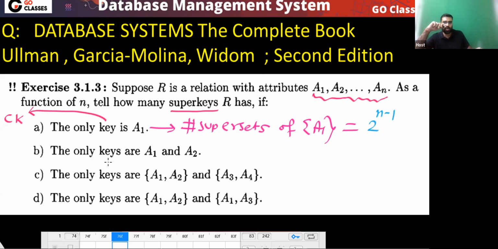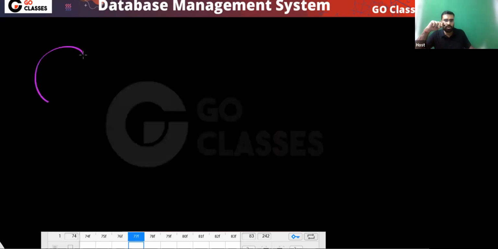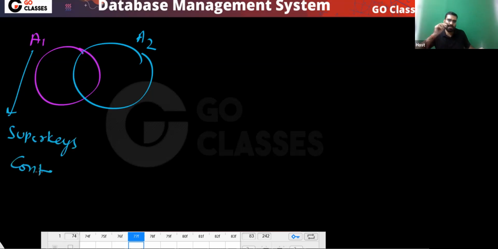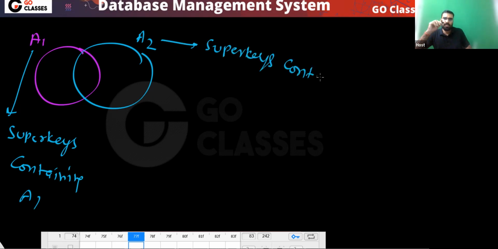Okay, what about this? The only keys are A1, A2. So you can notice these are the candidate keys. Let's assume these are the super keys containing A1. And these are the super keys containing A2.